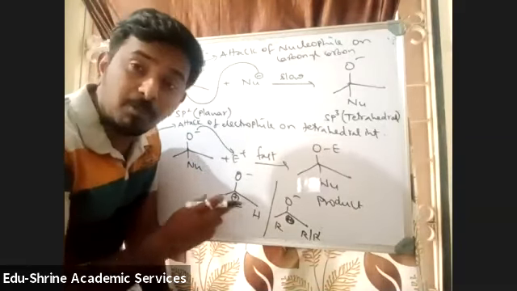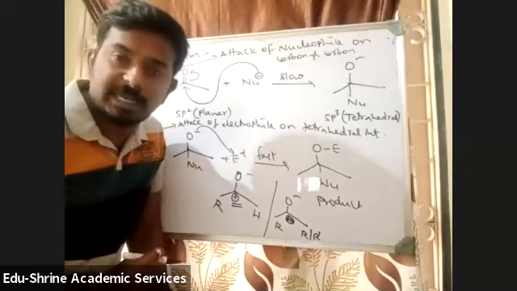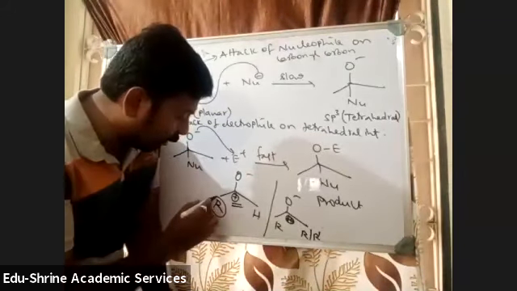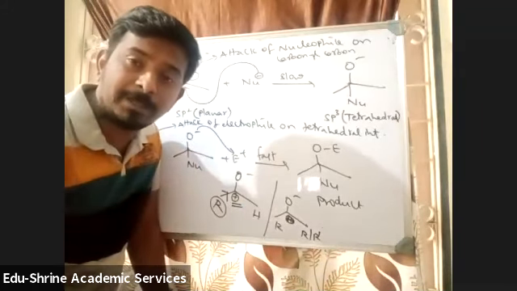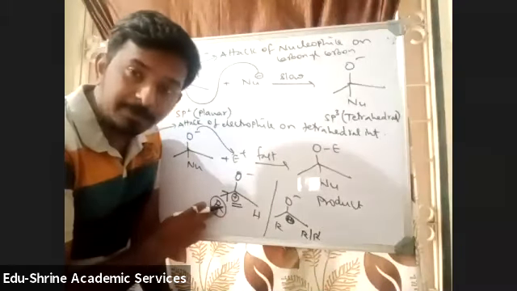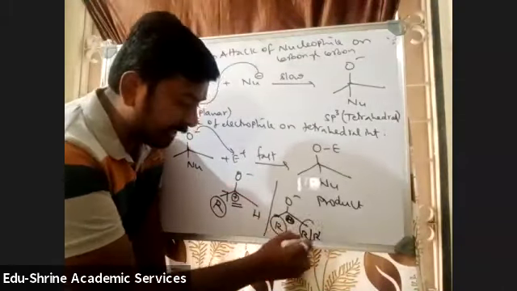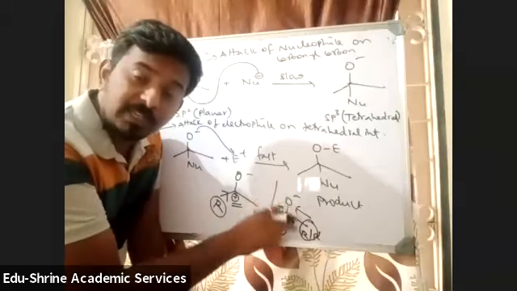For the positive charge to be more, there must be electron withdrawing groups. Because if there is an electron donating group, it will give electrons, thereby decreasing the positive charge on the carbon atom. There is only one alkyl group present here, and two alkyl groups present here. So there will be more inductive effect from these alkyl groups in the case of ketone.